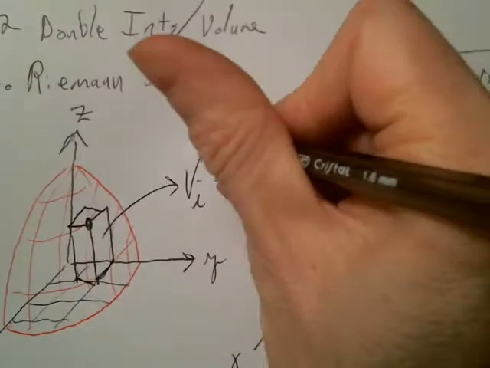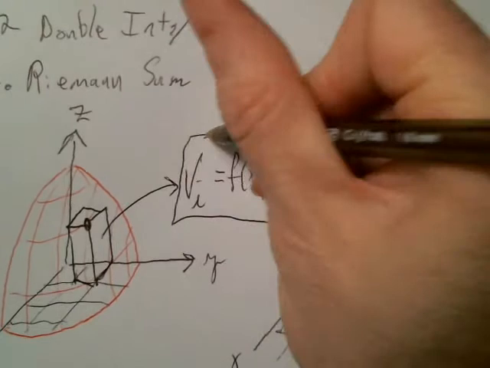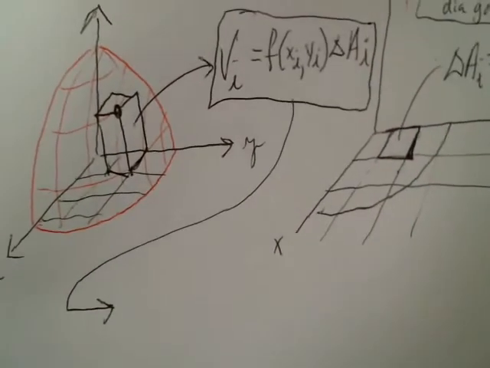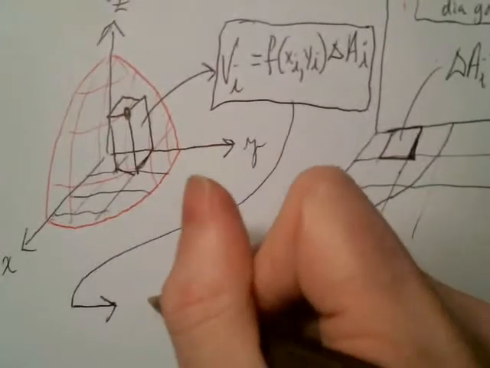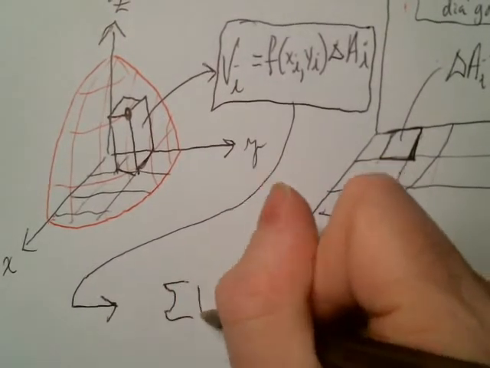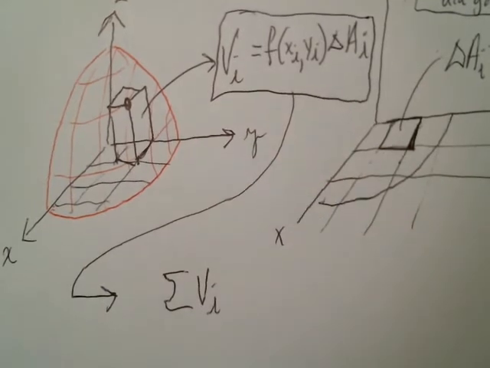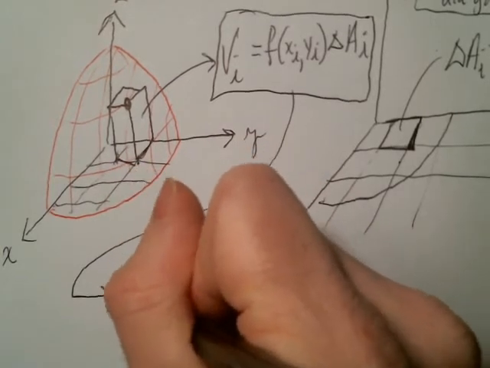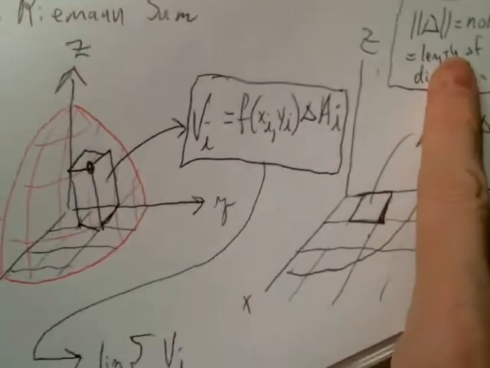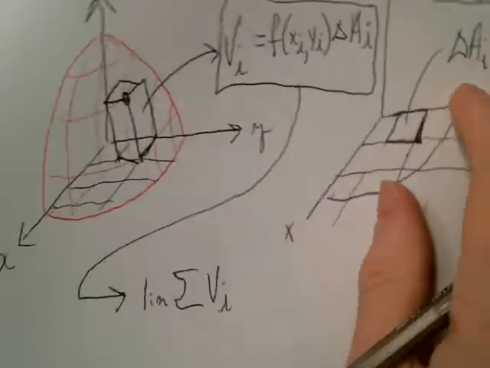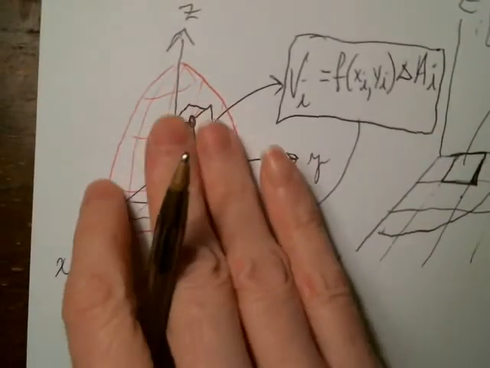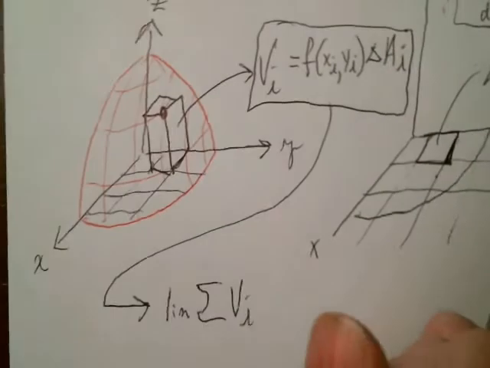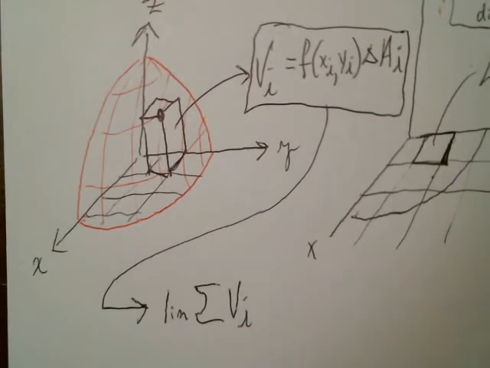And then the Riemann man would be adding up all of these V sub i's to get an approximation for the volume, right? Then they would be taking the limit as the norm, the length of the longest diagonal, went to 0. So you would have this region underneath the surface populated by all these mini rectangular solids, and that would give you the volume.